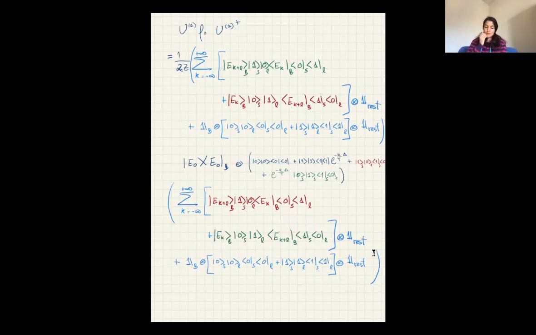Good. So let's start to mess with this. First of all, this sum over k now doesn't matter much, because the only term that will survive is the one where we have E0 here, right? Everything else will go away.